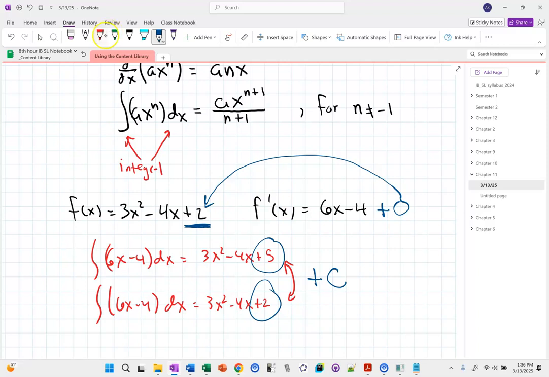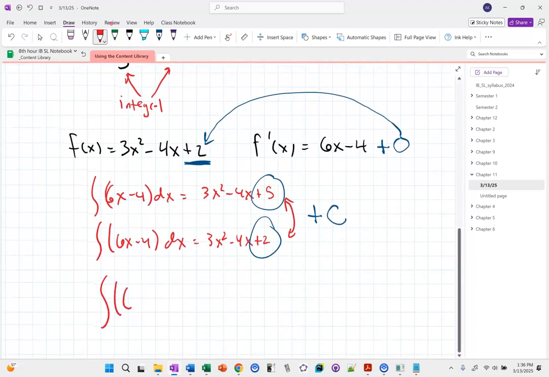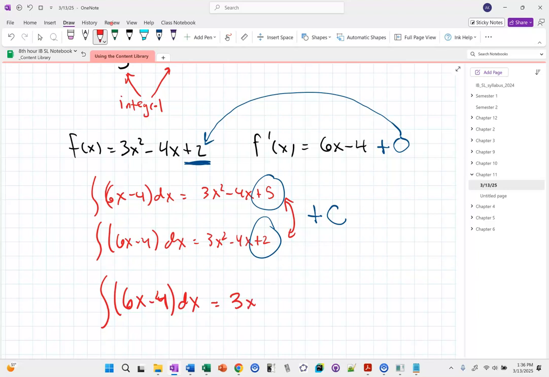Okay? So we would say then that the antiderivative of 6x minus 4 is just 3x squared minus 4x plus c. And that's the answer that we're going to give.